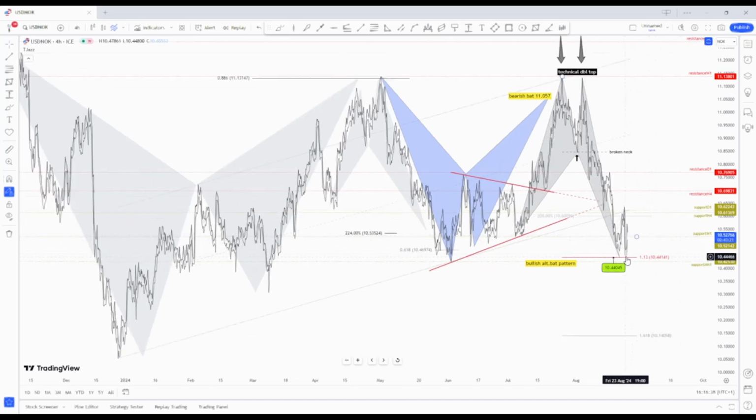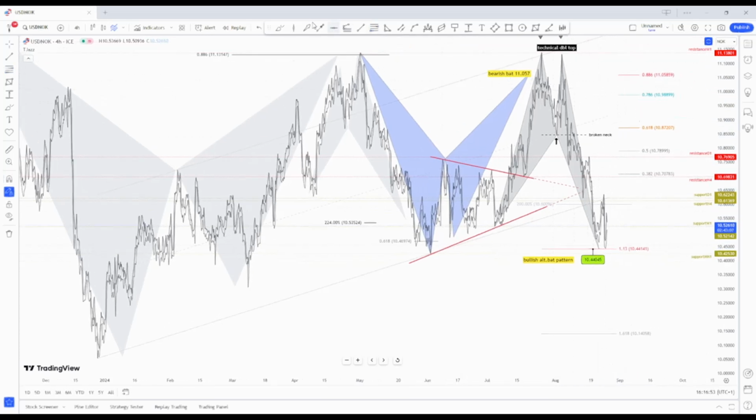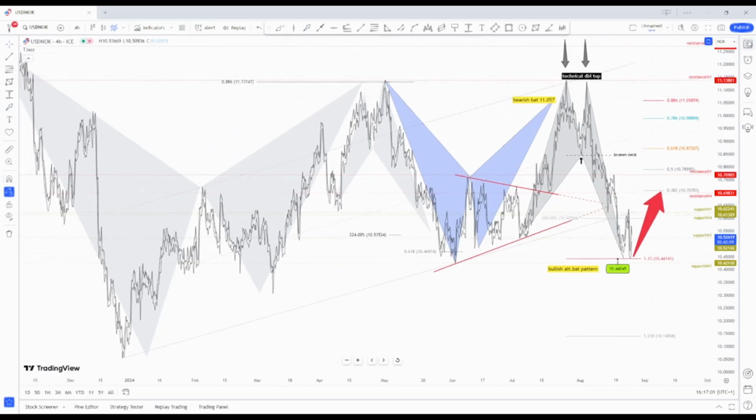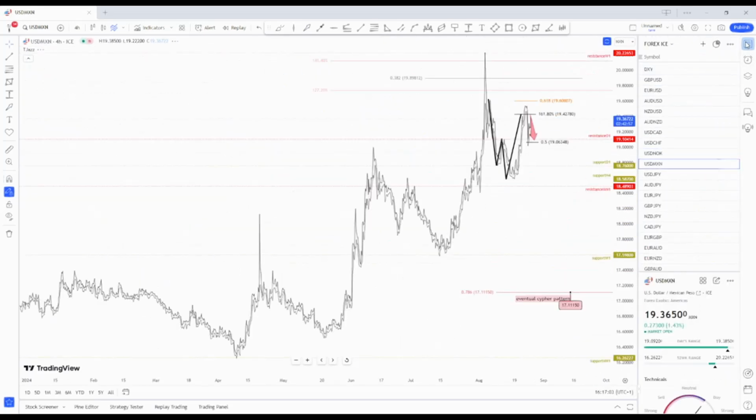After today's session, we are already approaching the 113% Fibonacci extension, so we are basically facing the potential bullish Alt pattern also for the Norwegian krone. Don't get surprised with a bounce from these price levels, and if that happens, I will anticipate a move towards a 38% Fibonacci retracement level.